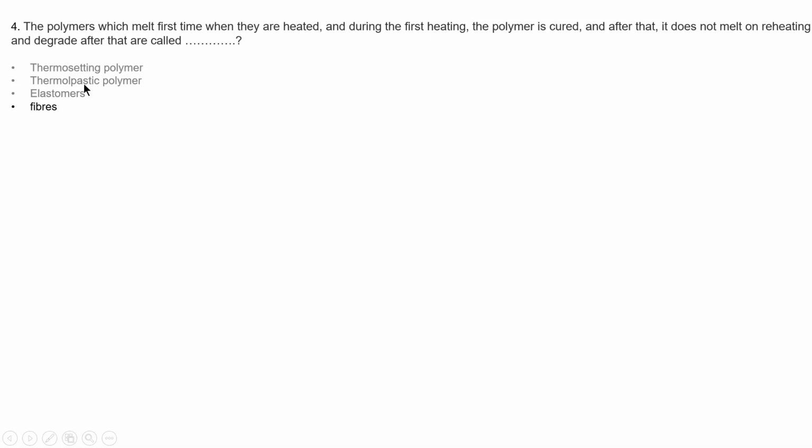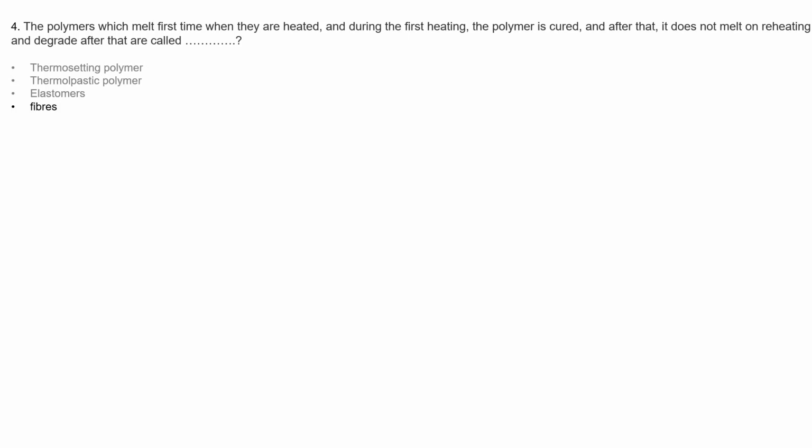Now next is elastomers. What are elastomers? Elastomers are materials which even at room temperature, if you compress them or stretch them, will return back to their original shape. For example, rubber. The best example for elastomers is rubber, that is your isoprene or neoprene, the molecule for the rubber.